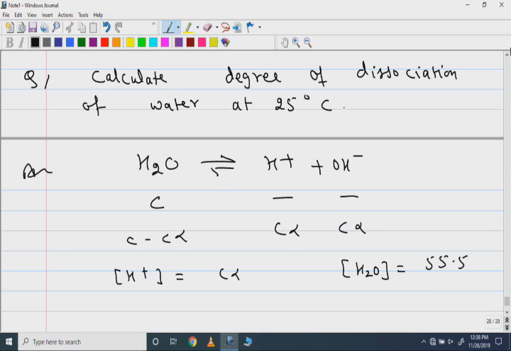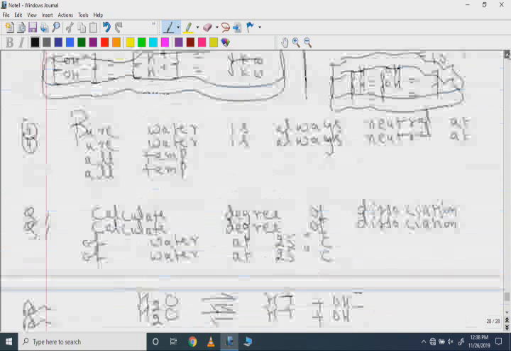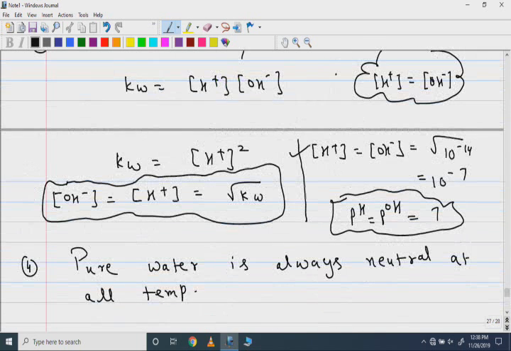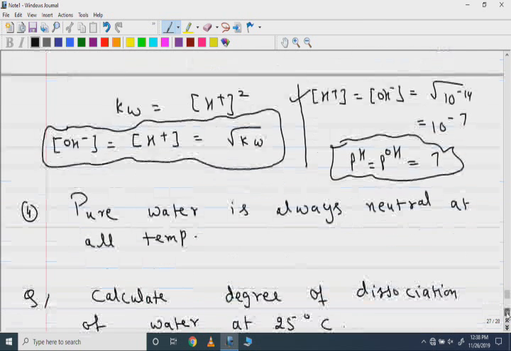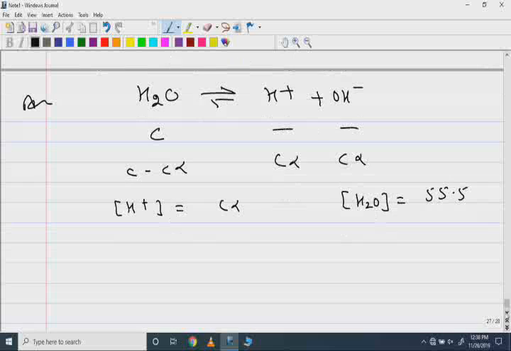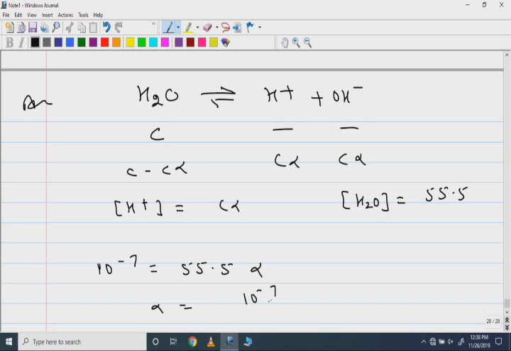Now, the question is, I need the concentration of H plus ions. If you remember, I have just calculated it. At 25 degrees Celsius, this is nothing but 10 to the power minus 7. You have to use that. So this is 10 to the power minus 7, and this is 55.5 into alpha. So alpha would be equal to 10 to the power minus 7 upon 55.5. On solving, you will get 1.8 into 10 to the power minus 9.